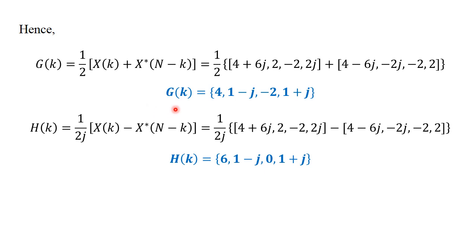The symmetry property of a real sequence is applicable only if the input sequence is real. In this case g of n is real, h of n is real, therefore the symmetry property is applicable for g of k and h of k, not for X of k.